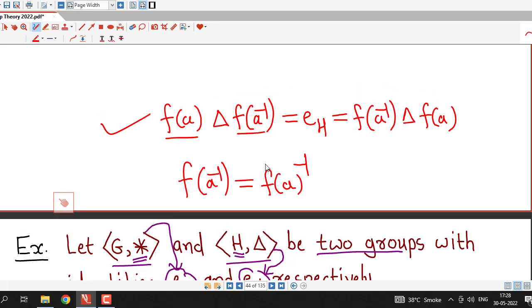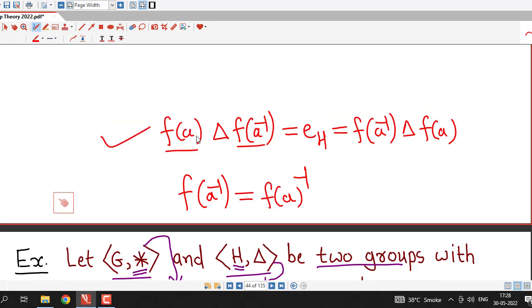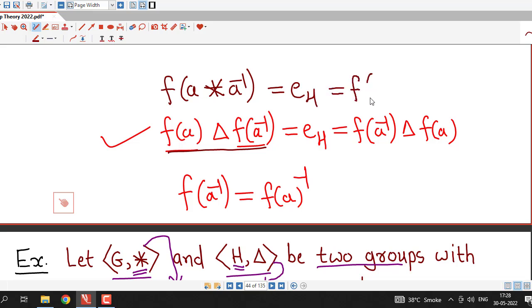So how to prove this? If we go back in reverse, this we can rewrite by the definition of homomorphism. I can replace this by f(a ∗ a⁻¹). I can write this because this also I can replace by f(a⁻¹ ∗ a).